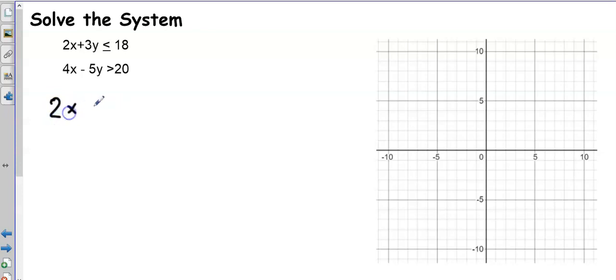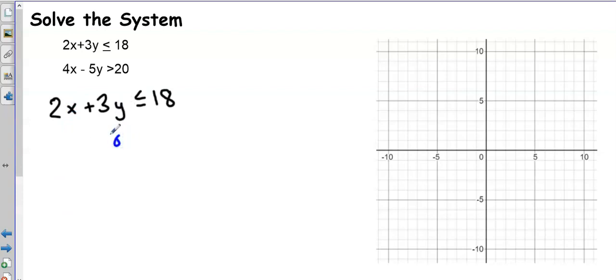So 2x plus 3y is less than or equal to 18. Now, since this is in standard form, I'm going to just solve for my x and y intercepts so that I can get 2 points on the graph, and then that'll make it a little easier to graph. So if I'm solving for my x-intercept, I'm going to make y 0.